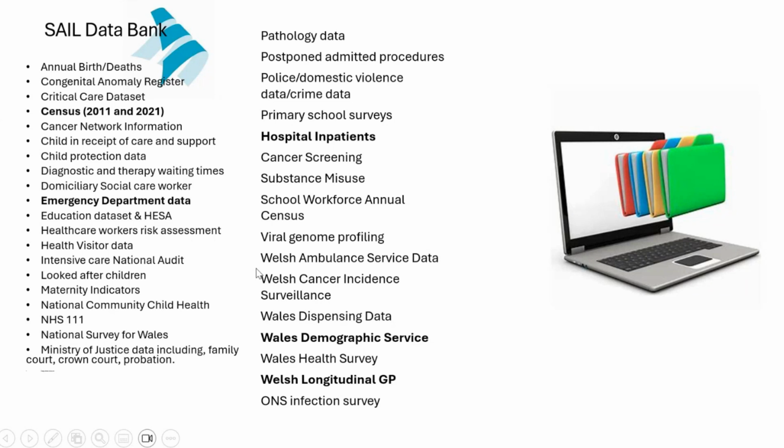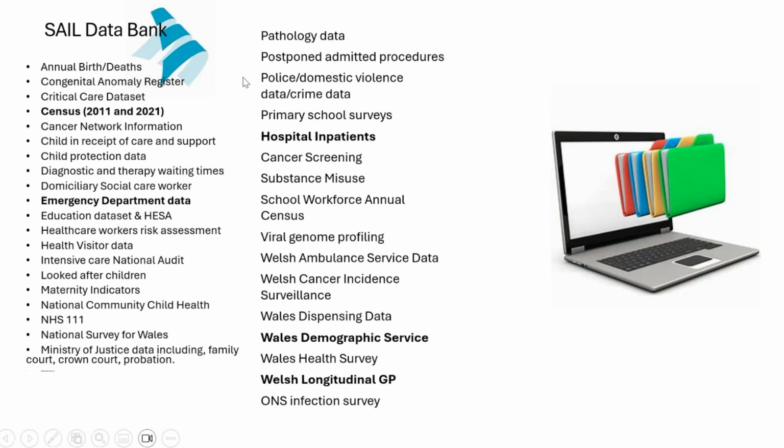I do quite a lot on child health, looking at how, for example, looked after children interact with different services, so their schools, hospital, GP, A&E visits, what happens before they get taken into care, what happens after.